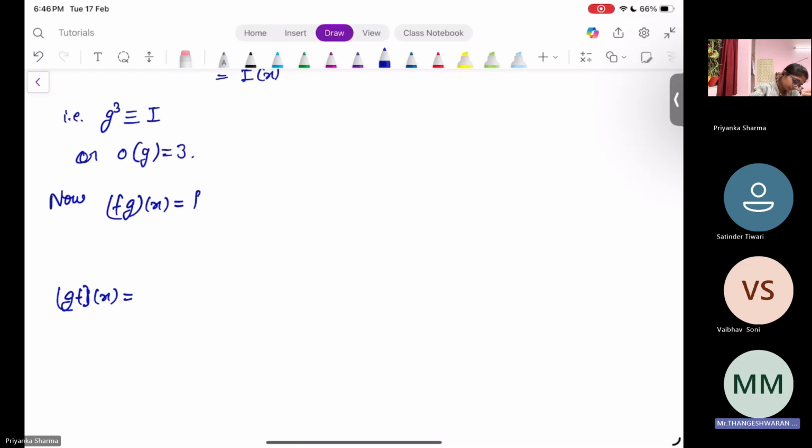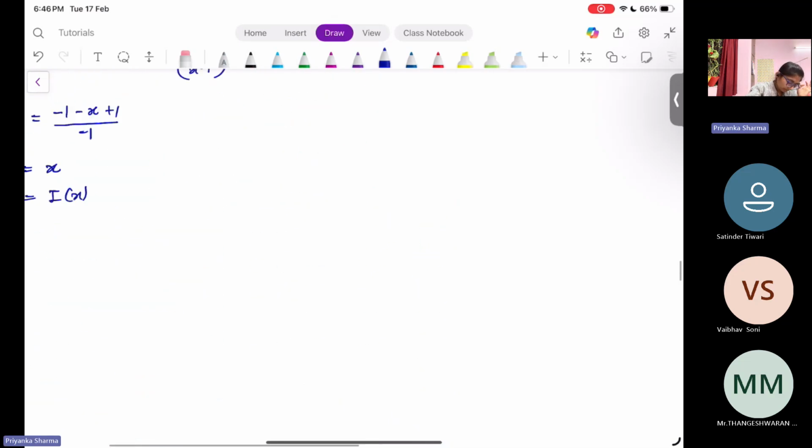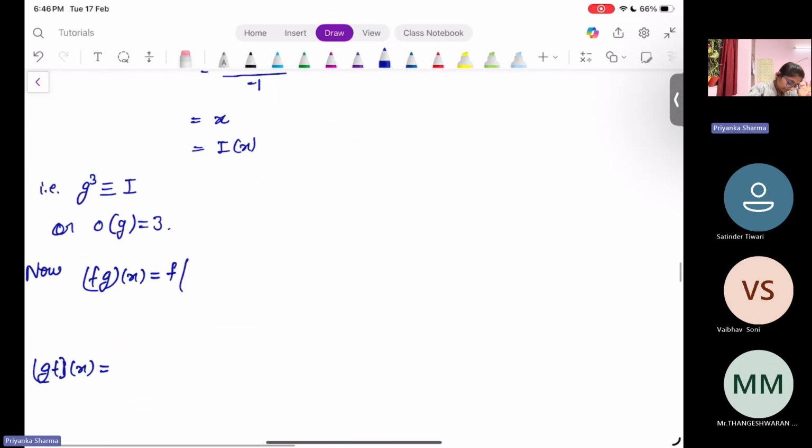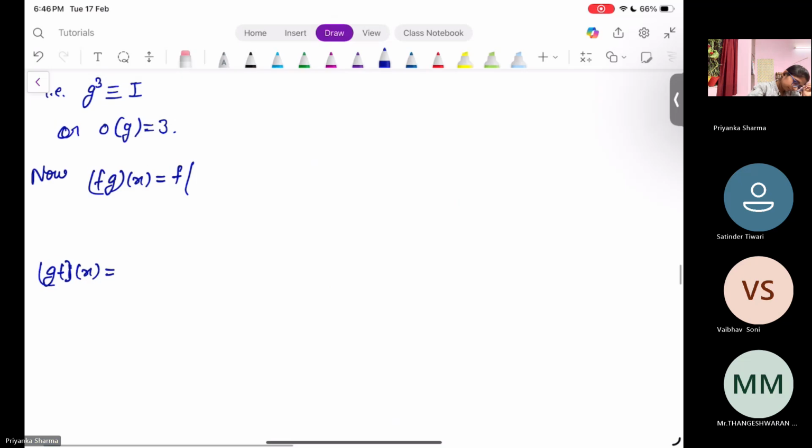Not commuting. Yes. And see, in the set G, we already have 4 elements. Okay. So G, F, and FG, are they distinct from those 4 or same?